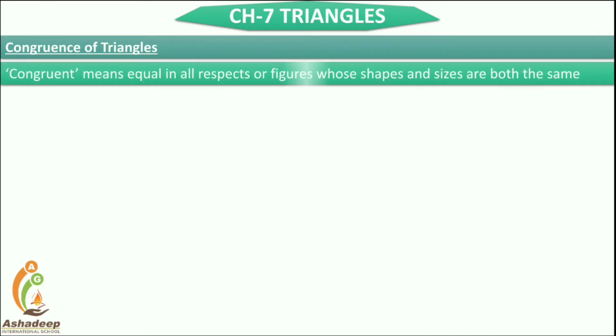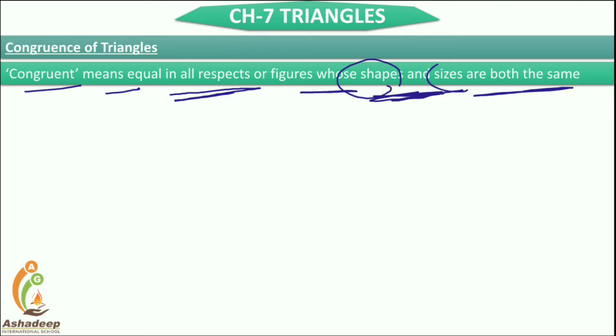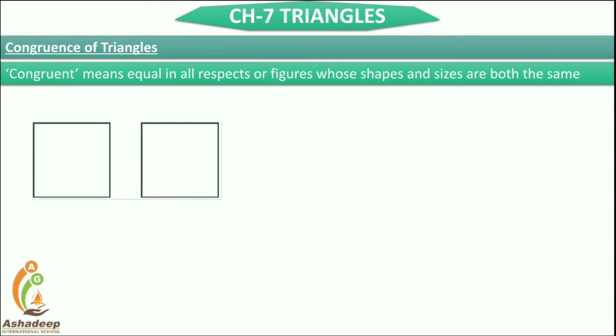Okay, so now let's see. Congruent means equal in all respects, or figures whose shapes and sizes are both the same. See here, both the squares have the same size and the same shape, so we can say yes, they are congruent.